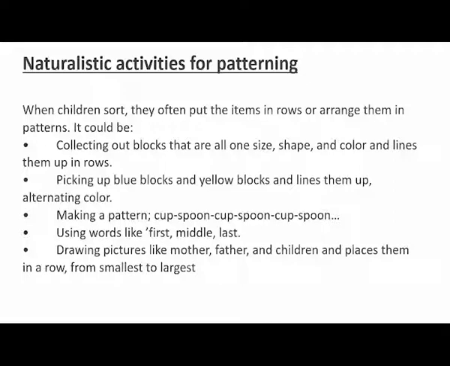This is a cup, a spoon, using words like first, middle, last, drawing pictures like mother, father, children, and placing them in rows from the smallest to the largest. These are the things that small children do when they grow up. These things just need to be developed further. As I said, mathematics is intertwined. Once there's a gap in your learning from basic mathematics.